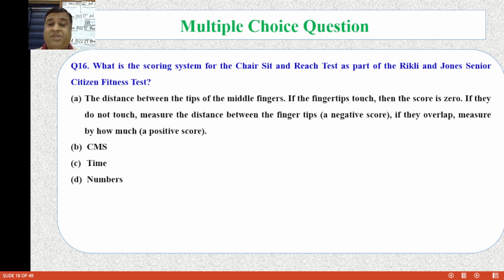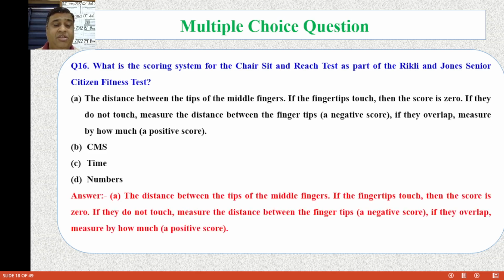If the fingertips touch, then the score is 0. If they do not touch, measure the distance between the fingertips as a negative score. If they overlap, measure by how much as a positive score. Option B, centimeters. Option C, time. Option D, numbers. The correct answer is A, the distance between the tips of the middle fingers. If the fingertips touch, then the score is 0. If they do not touch, measure the distance between the fingertips as negative. If they overlap, measure how much as a positive score.